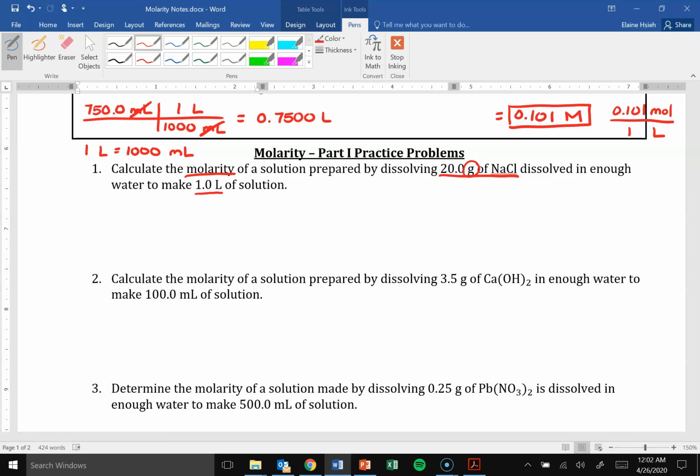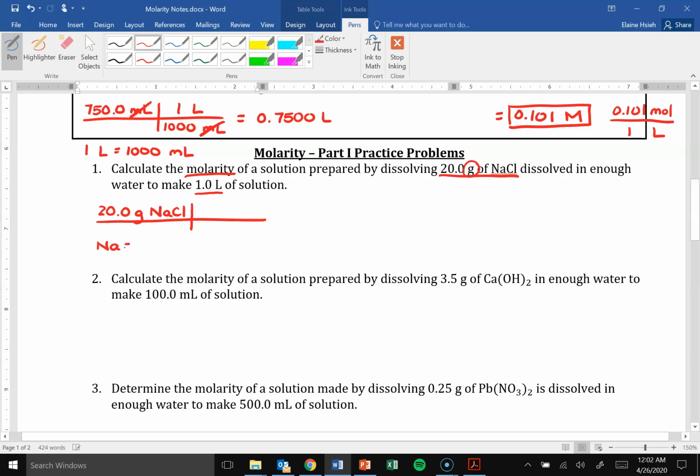All right, so I'm going to start by converting the 20 grams of NaCl to moles. Okay, so I'm going to write that out and draw the dimensional analysis grid. And I'm going to need the GFM. For Na, the mass is 22.990, and for Cl, that's 35.45.